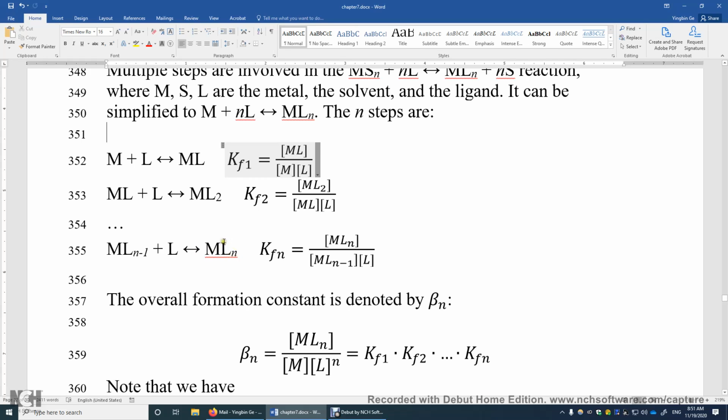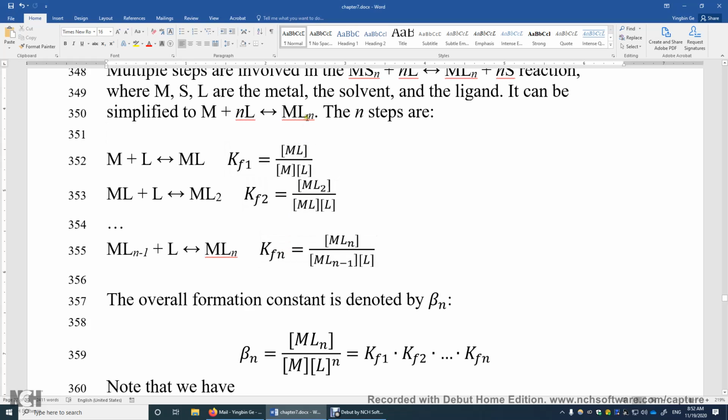It's bonded to just N such L ligands. And then we can write out the formation constant for each of these N steps, Kf1, Kf2, all the way to Kfn. Over here, we are replacing the first water, the second water, and then this is to replace the last water ligand, or aqua ligand, with L.